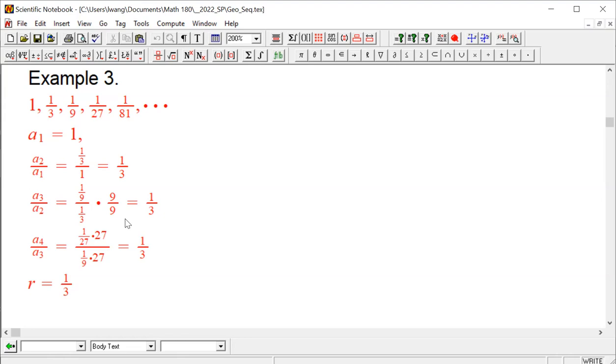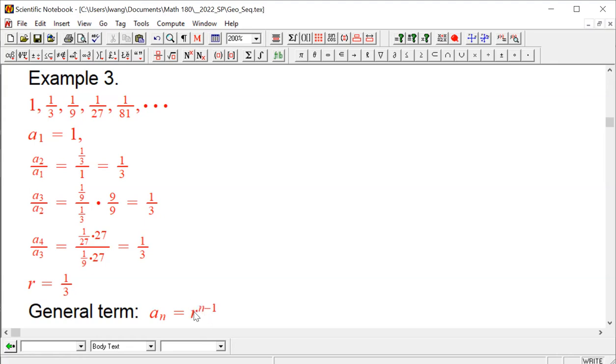So now, what is the general term? The general term would be a sub n equals a sub 1 times R raised to the power of n minus 1. Then we put in a sub 1, which equals 1, and 1 times anything is 1.